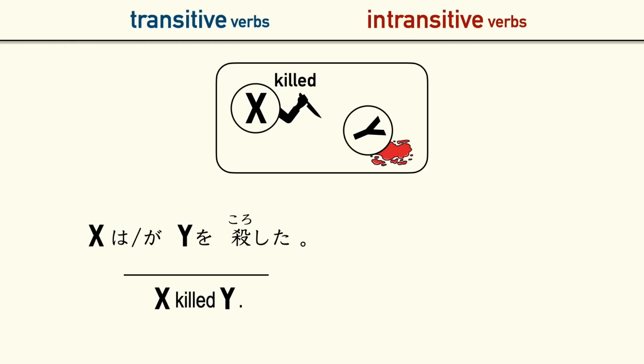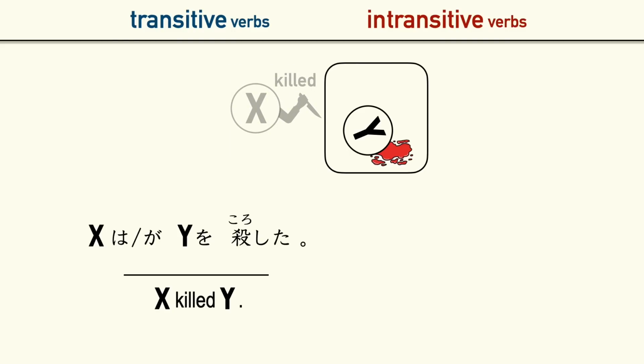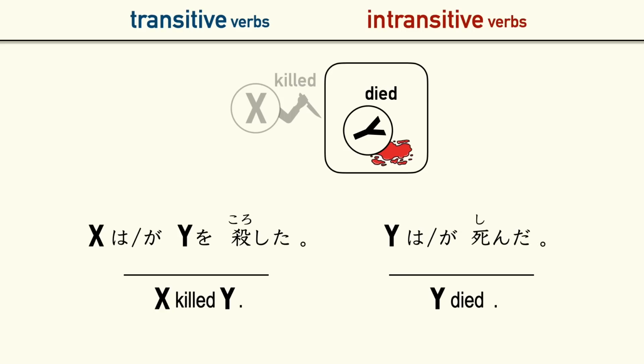If you change the frame size and focus only on Y, you can also describe this event this way. Y died. Y は or Y が死んだ. Both sentences describe the same event, but from different perspectives.